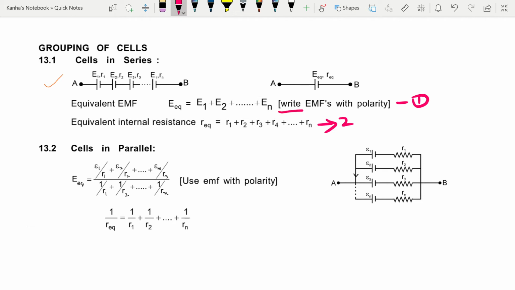Note that when you're writing these things, you need to write the EMF with the right polarity. What does it mean? For example, I can have a circuit where there are cells like this arranged.